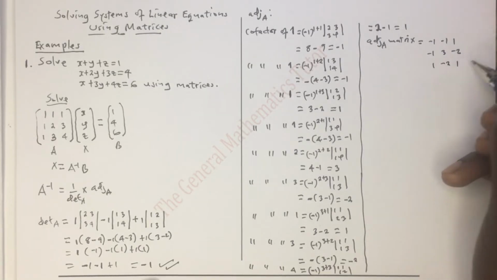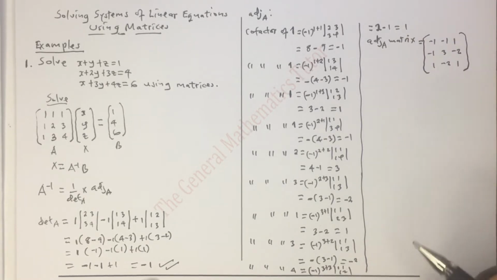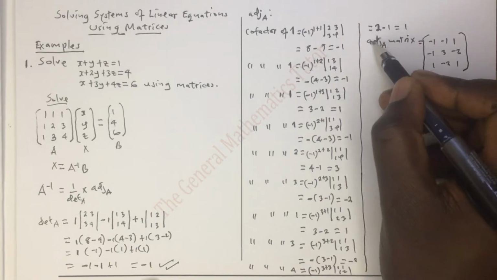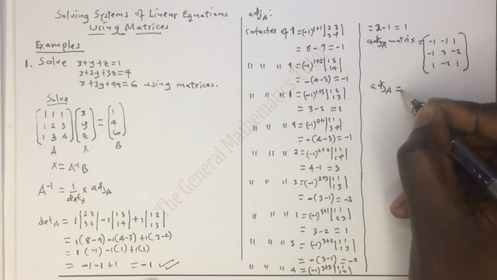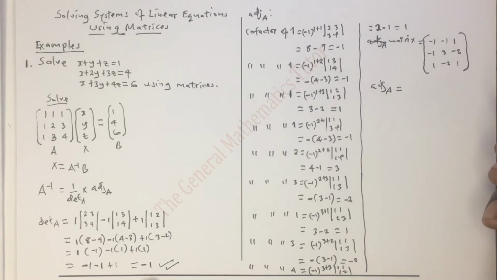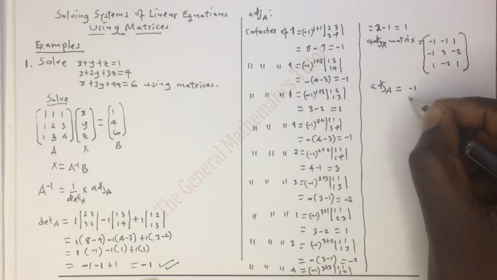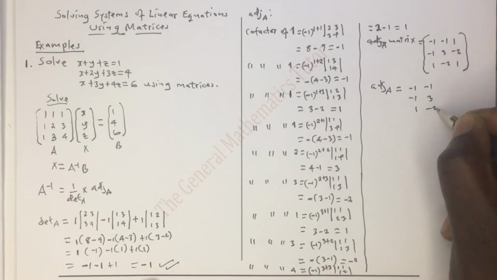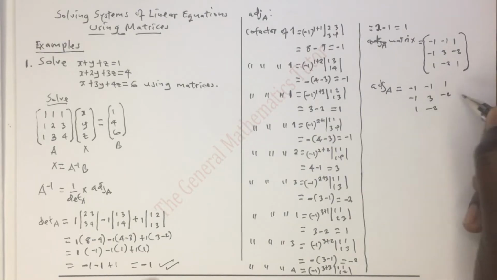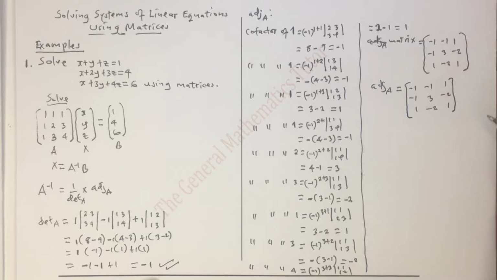So that is the cofactor matrix. So for us to get the adjoint of that particular matrix, we just take the transpose of the cofactor matrix. So that will be negative 1, negative 1, 1, negative 1, 3, negative 2, 1, negative 2, 1. So that is the adjoint of our matrix there.